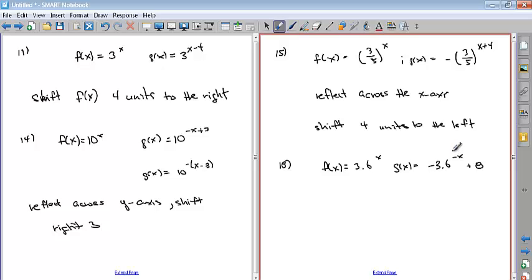You had a negative here, which will cause it to reflect across the y-axis. And this one's going to shift it upward. Yeah, okay. So we're going to say reflect across x-axis, reflect across y-axis, and shift up 8 units.